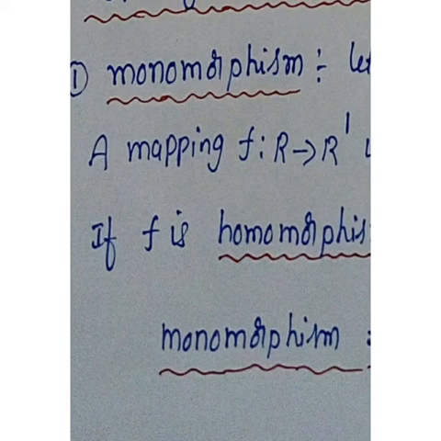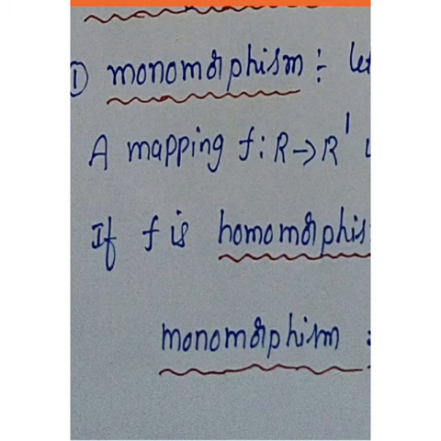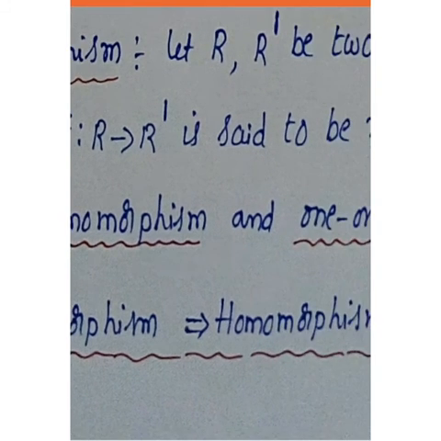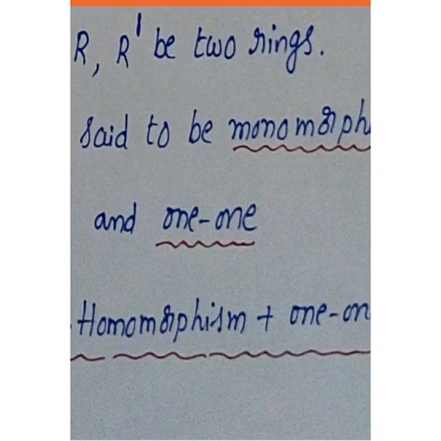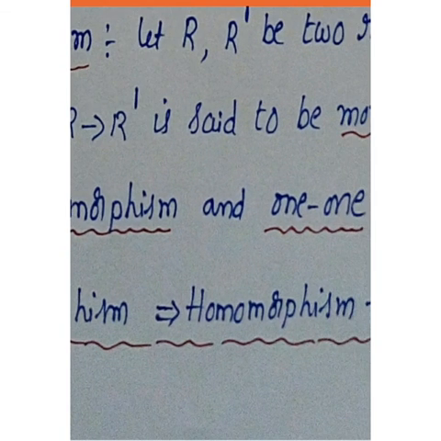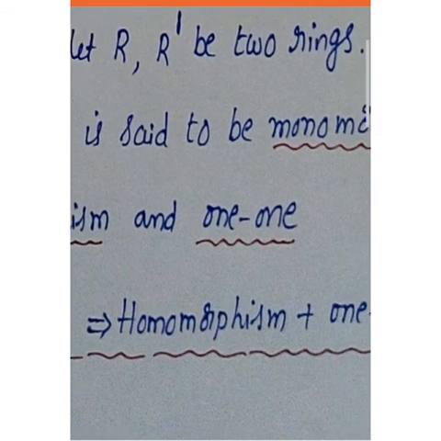To understand monomorphism, we know the one-one function. We say that f is a one-one function from A to B if f(a) = f(b) implies a = b. So here we need the definition of one-one function, because monomorphism is nothing but homomorphism plus one-one.